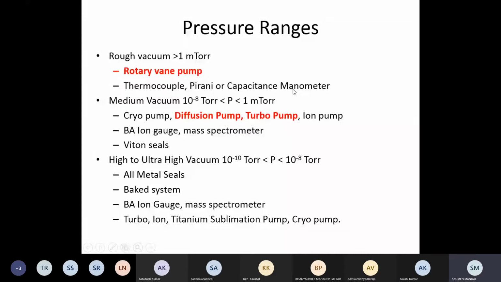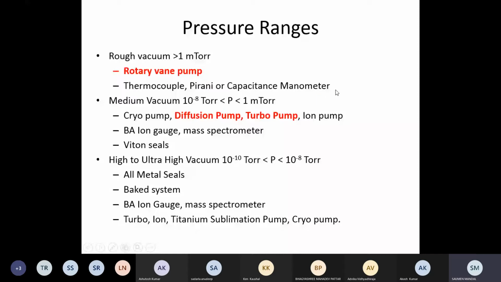Then the medium vacuum range, 10 to the power minus 1 torr to 1 millitorr. Up to 1 millitorr, a rough vacuum pump is required. That is the rough vacuum range, and the rotary vane pump can easily do this. Then thermocouple, Pirani, capacitance manometer are the gauges being used.